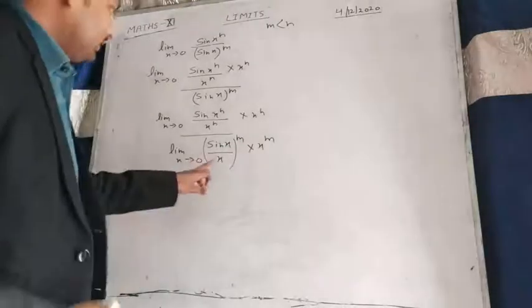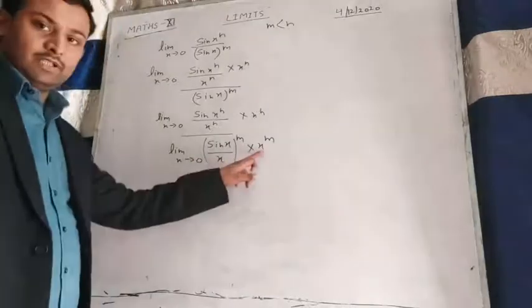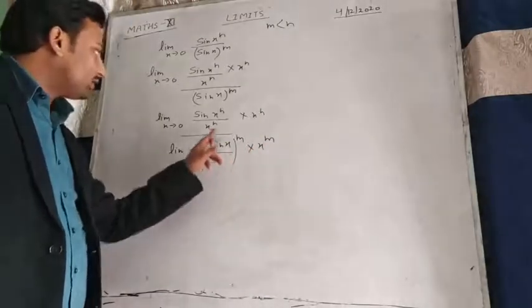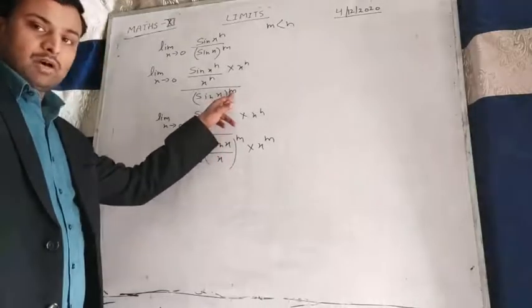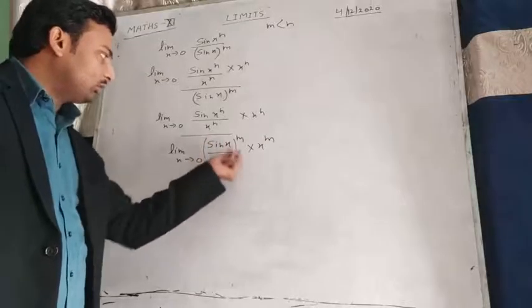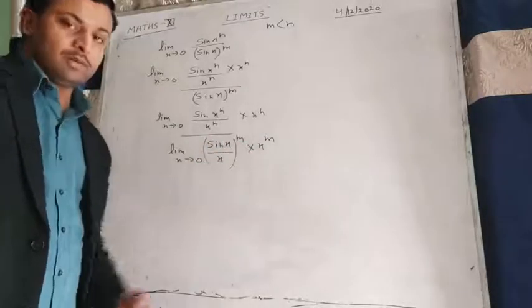Students, we have multiplied with x^m and divided with x^m. So here is the m power, so we can write (sin x / x)^m into x^m.